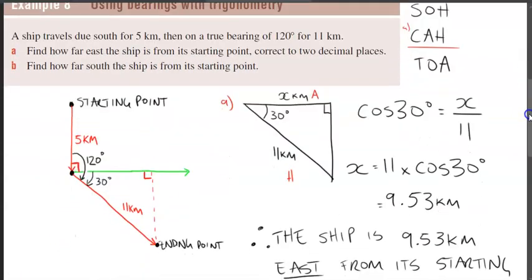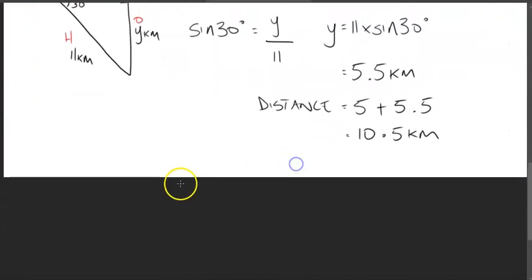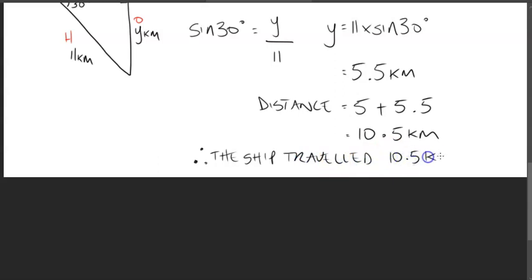So we have to add that 5 onwards. So again, what a question. So therefore, the ship traveled 10.5 kilometers south from its starting point.